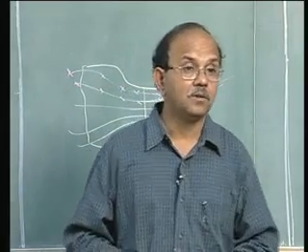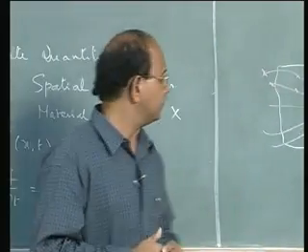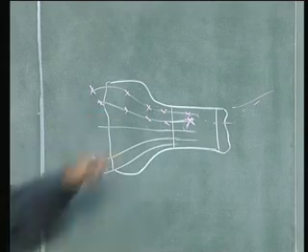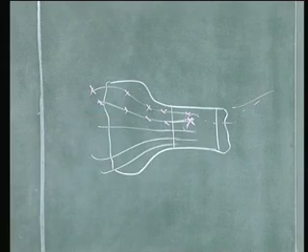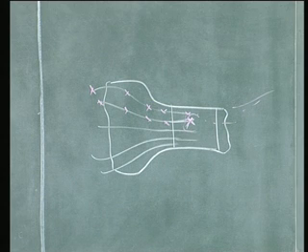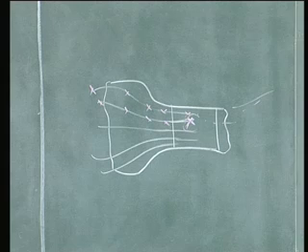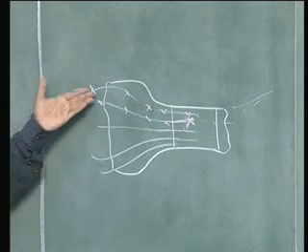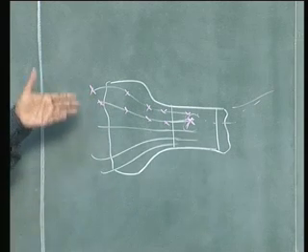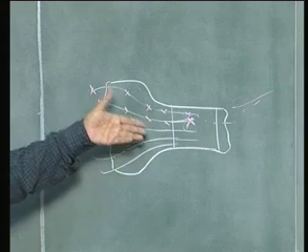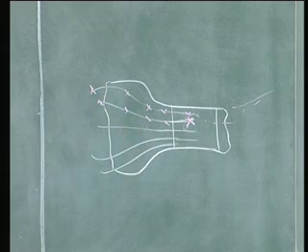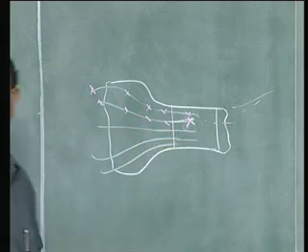Now look at it from another point of view. For you as you travel, this is no more a steady state. So you are the material derivative. As you travel your velocities may change, or do change, with time.